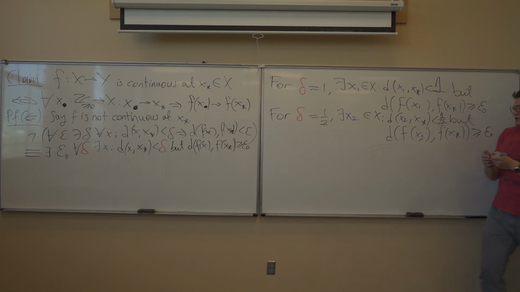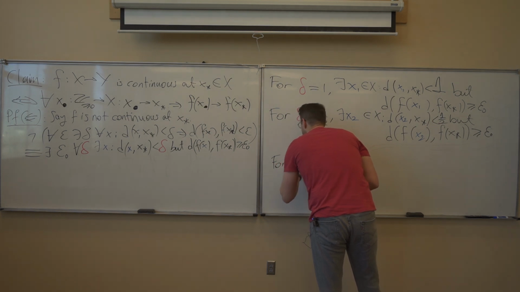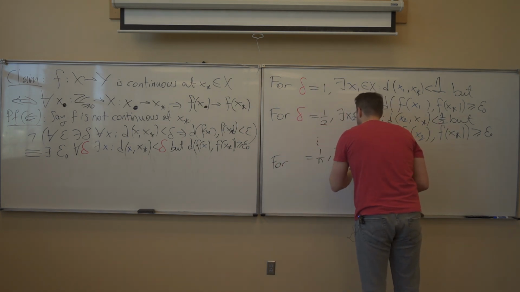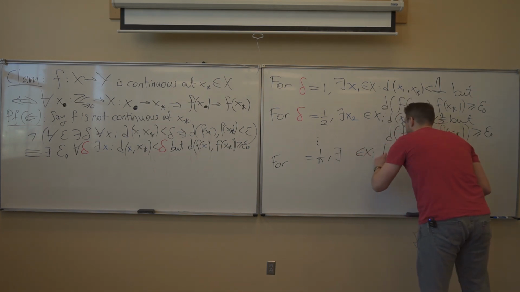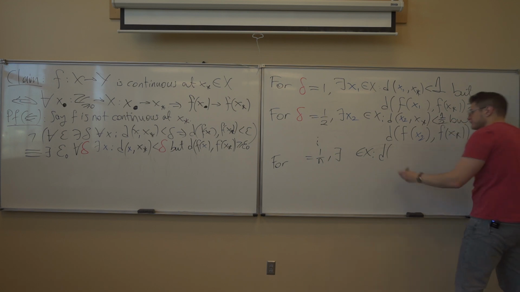Okay? And in general, of course, for delta, for instance, 1/n, there is an x sub n such that the same thing happens, but I have the bound 1/n here.